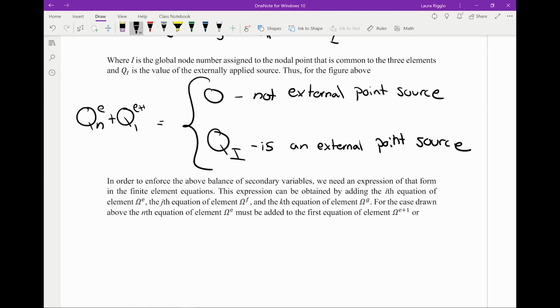So in order to force the above balanced secondary variables, we need an expression in this form in our finite element equations. What we're doing is adding the ith equation of element E to the jth equation of element F and the kth equation of element G. For the case that I have drawn, the nth equation of element E has to be added to the first equation of element E plus 1.